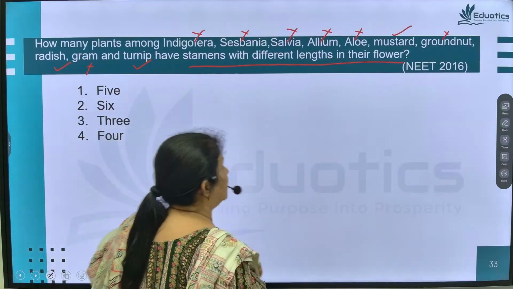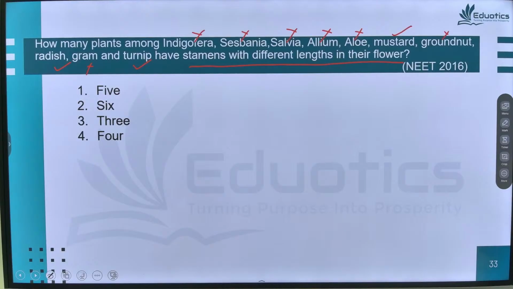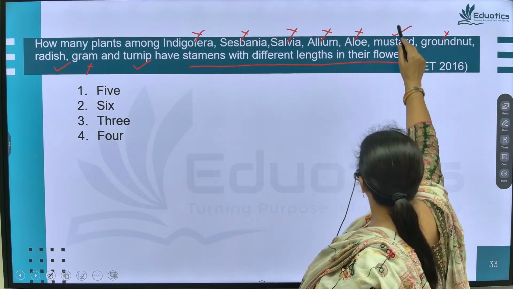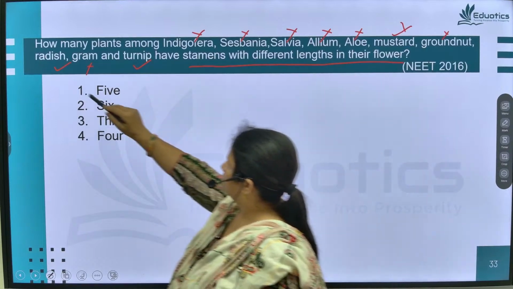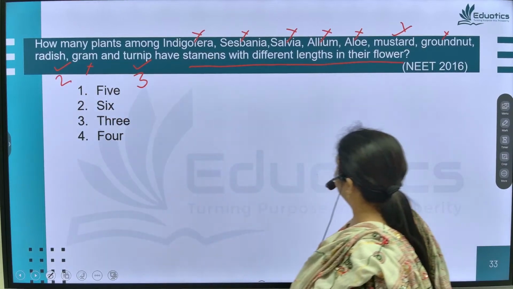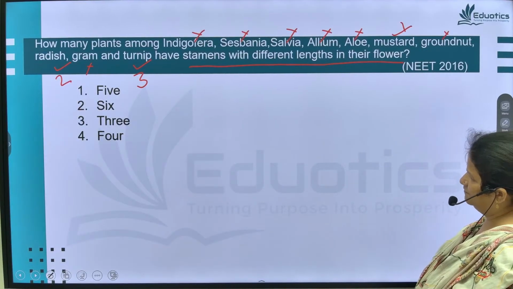These three flowers in this example belong to the family Brassicaceae. So how many flowers are there in total? 1, 2, 3. Total 3 flowers have stamens with different length in their flowers. So the correct option will be the third option.